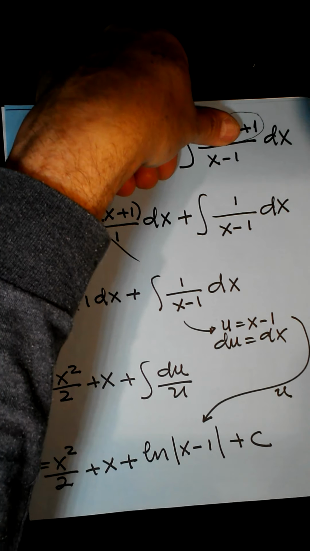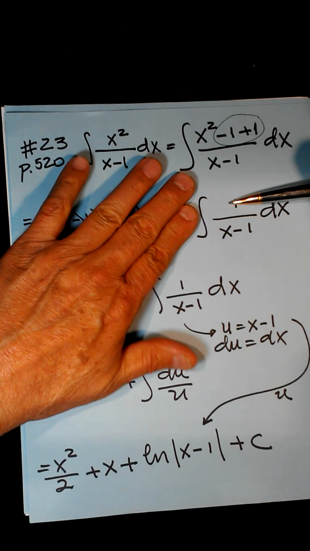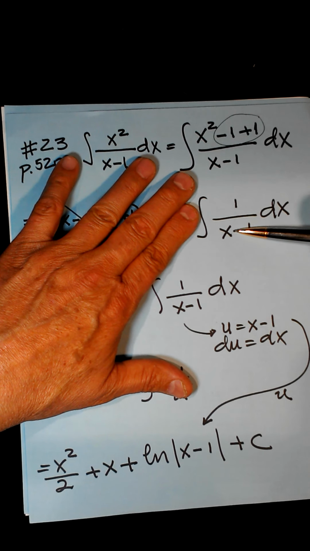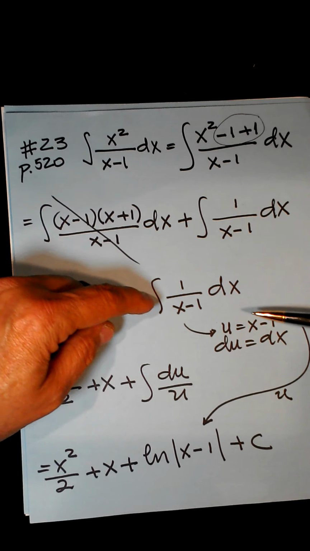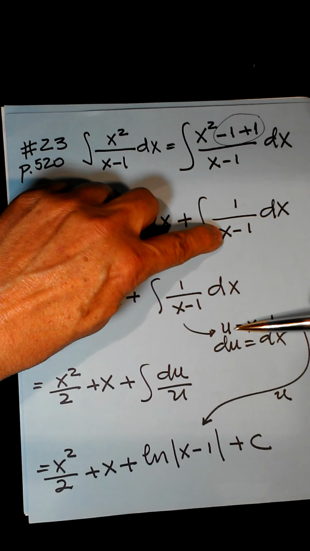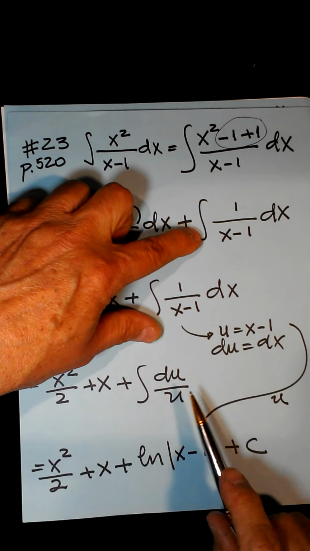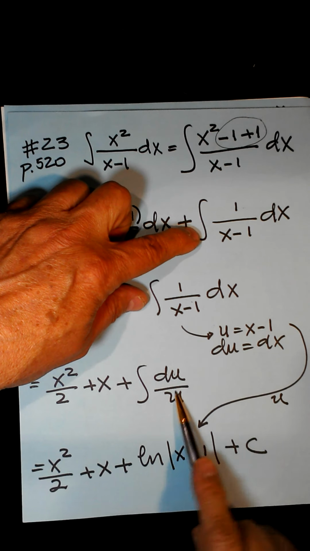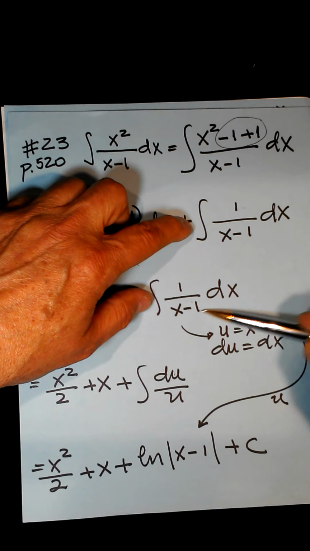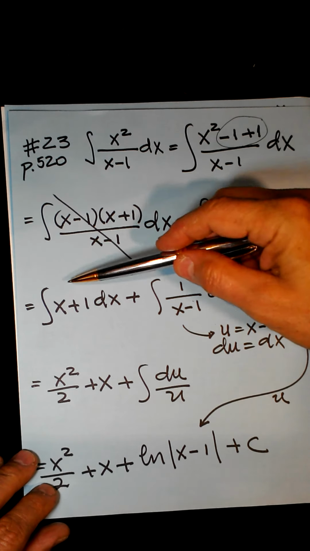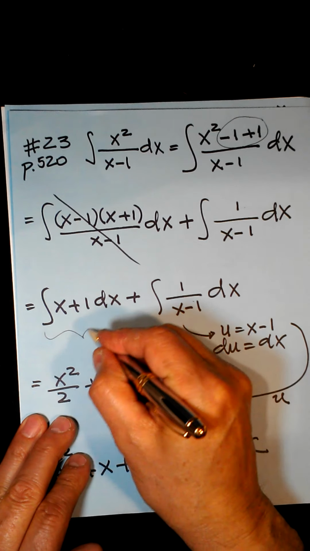Let's look at the second integral. Well, now I can just call this u and get the du number 1. So u is x minus 1, du is dx, and I solve that. It becomes du over u, so it's going to be log natural. What happens to the first integral?